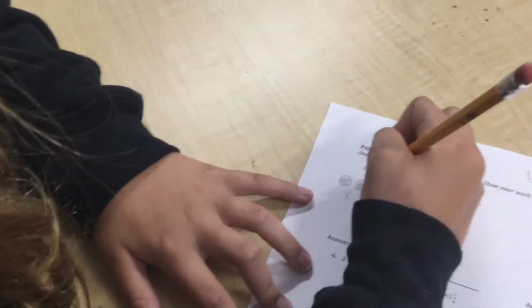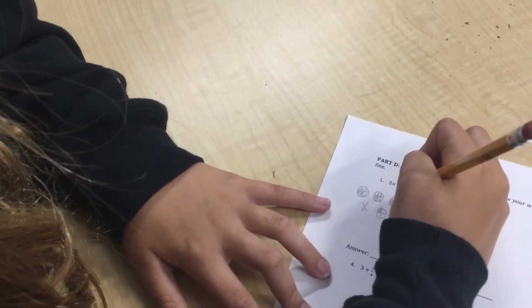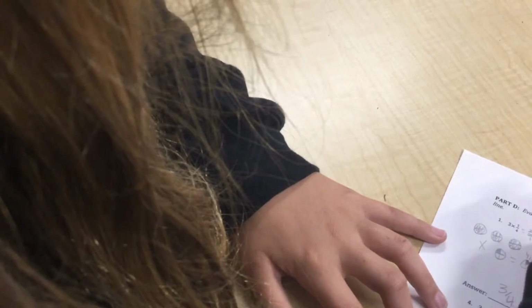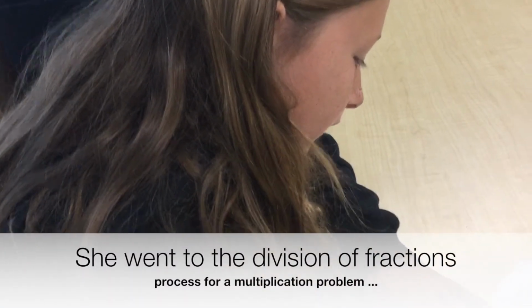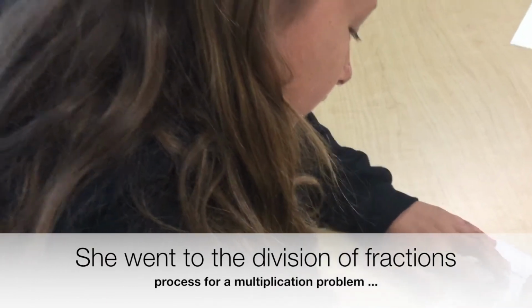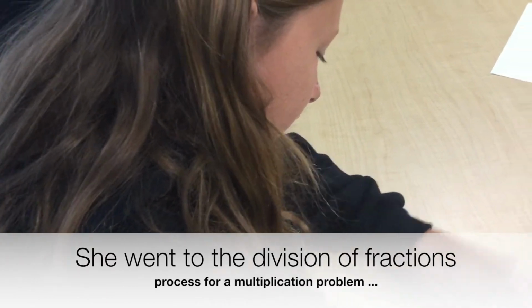Oh, you would do keep, change, flip. So 3/1 times 4/1. What does keep, change, flip mean?